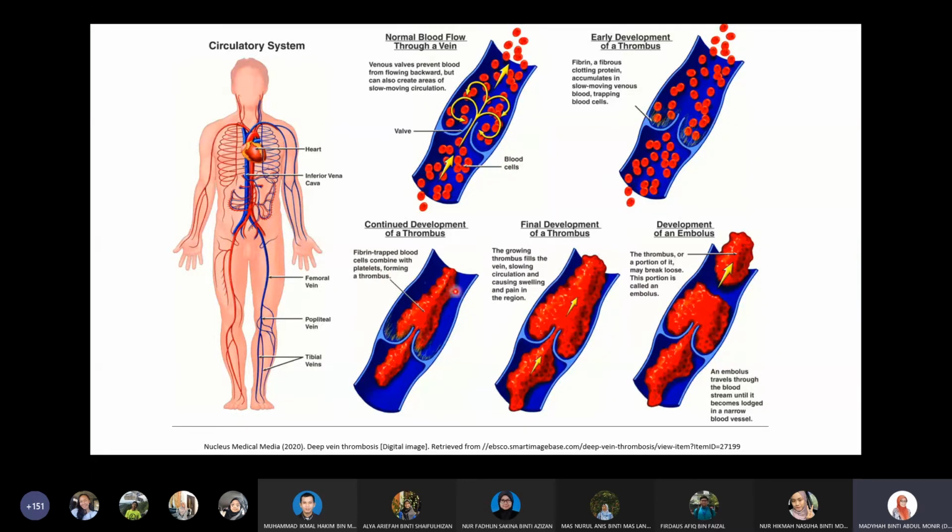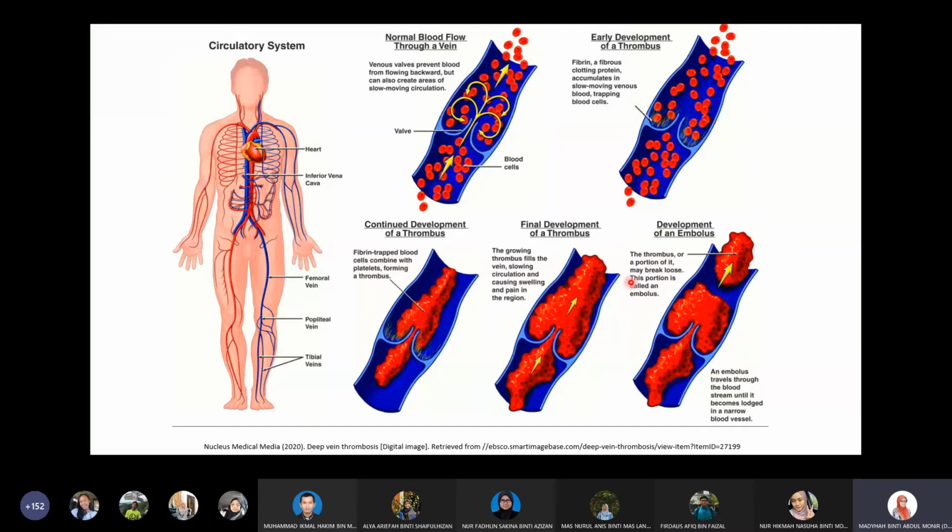You have learned in the general module the formation of thrombus, the morphology, the gross, and also the microscopic. As you can see, the thrombus becomes larger. Once it fills up the vein, there'll be much slower blood circulation, and because of this it causes swelling and pain.